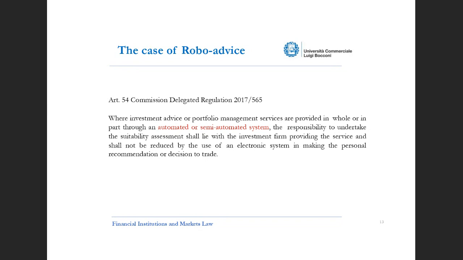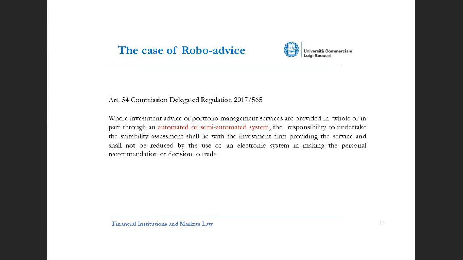So the question has come up as to whether we should imagine amending MiFID rules and draft a specific bespoke set of regulations for robo-advice, because the context is so different from the one that was originally considered by investment services legislation. And as of today, the response which has been provided to this question is negative.